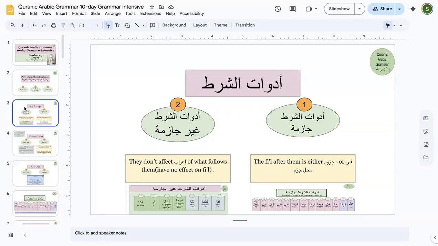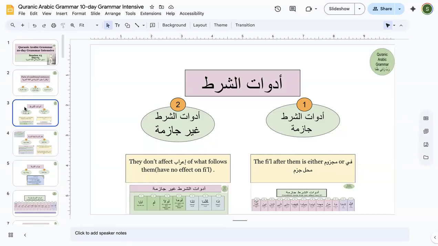Any word that makes a fail mudare majzoom, for those of you who have covered it like that, any word that is going to make your fail mudare majzoom, it is going to be called adwatu shart jazima.